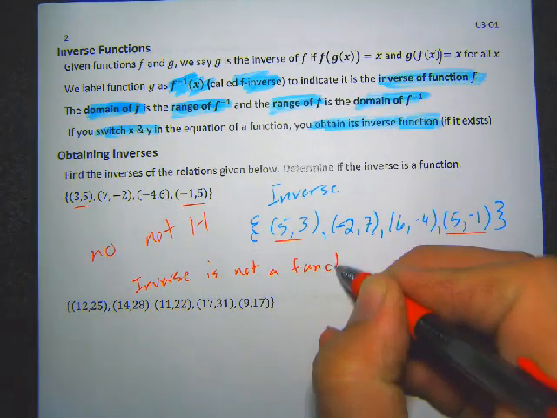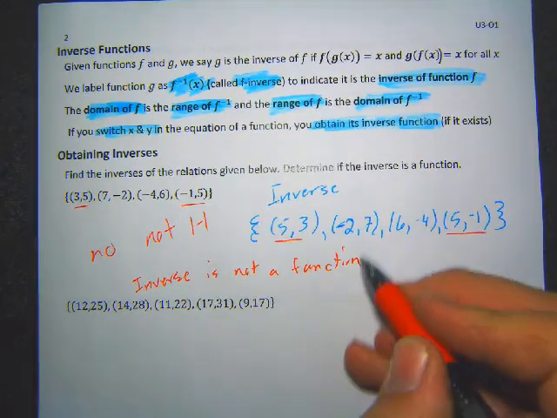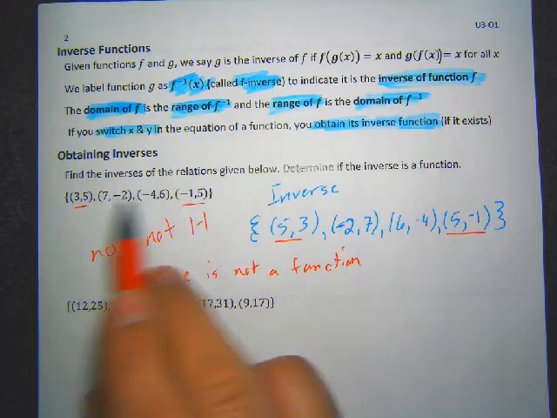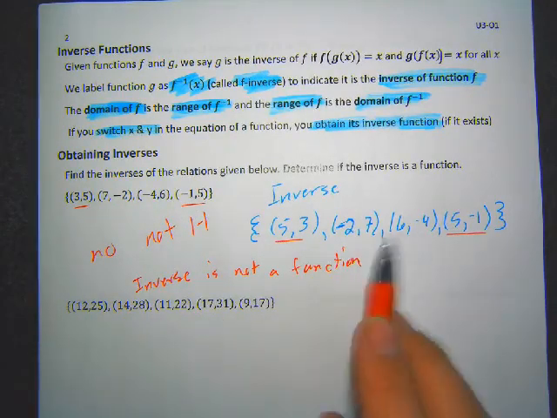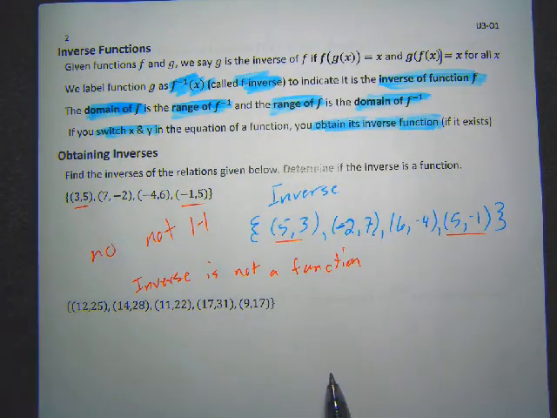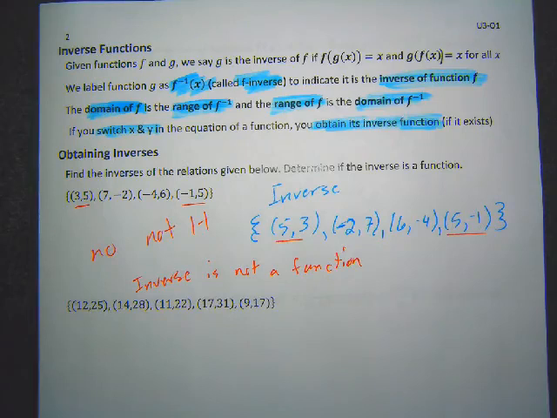We didn't actually have to find the inverse to figure that out, though we needed to find the inverse anyway. We could have looked at the original function and said, that's not one-to-one, so this won't be an inverse function. It's an inverse, but it's not an inverse function, because 5 has two different results. Remember, it's not a function if one input has two different results.